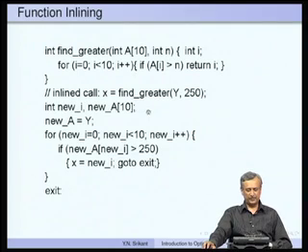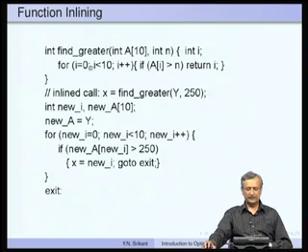The next optimization that we are going to consider is function inlining. So, let us take a very simple function, find greater(int a[10], int n). This is supposed to traverse the entire array A, check whether there is an element a[i] greater than n, and if so, return that index, a very simple function.